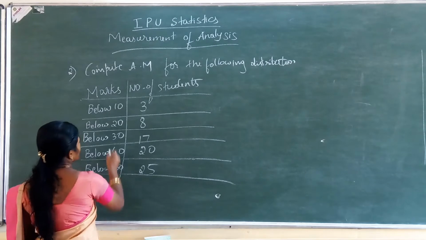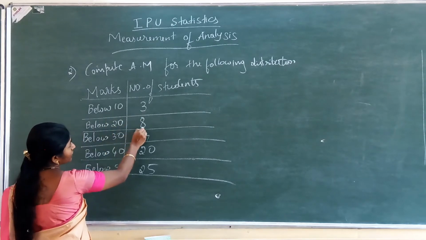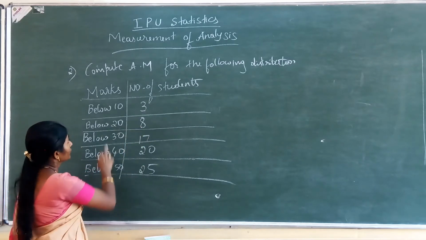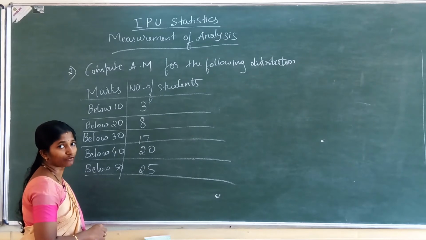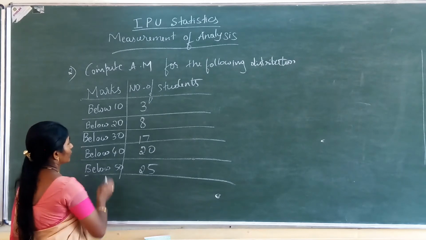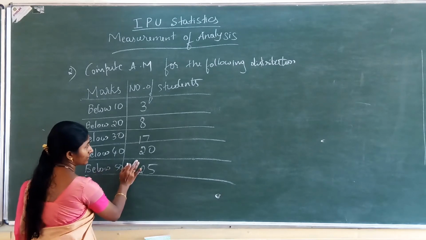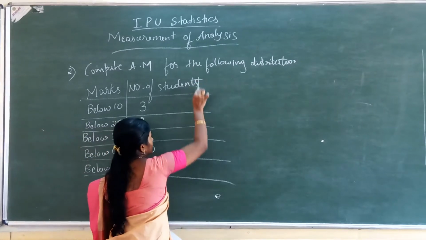Observe here, below 10, 3, and below 20, that is given as 8. Here the frequencies are in LCF. Below means less than cumulative frequencies, LCF. One, you have to find out the class interval, and another, you have to write this in simple frequency. Now the solution.